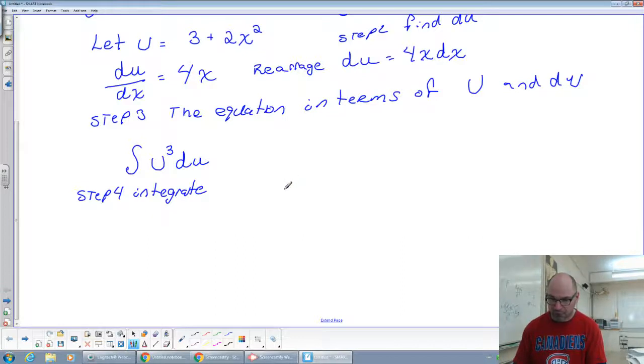When we do the integration, we get y equals u⁴ divided by 4, plus a constant. Now step 5 is to replace the variable.